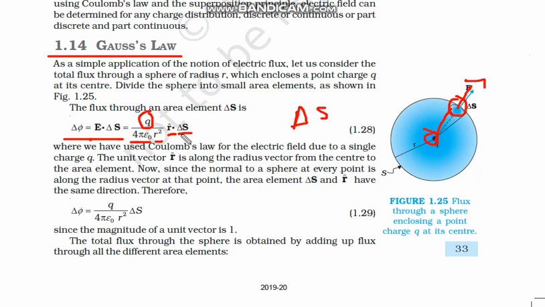Because the unit vector is only direction, and when both directions are the same, the magnitude remains only because of this delta S.